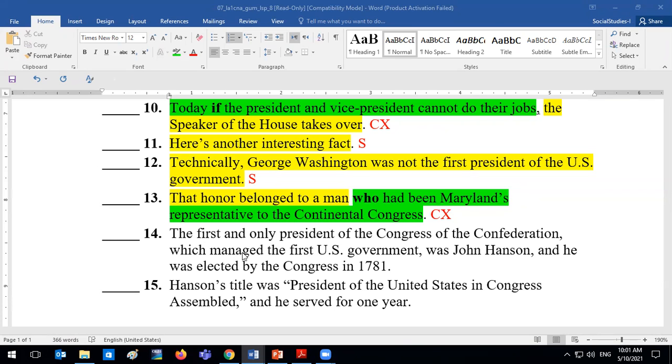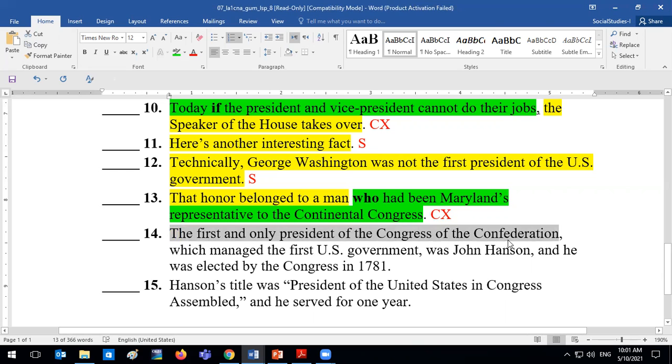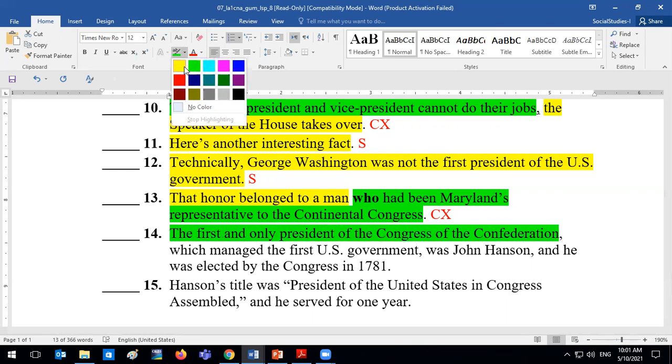It will be compound complex. Okay, so here, Ruqayya, if you're saying that it's a compound complex, you're going to identify first the independent clauses for me. The first and only president of the Congress of the Confederation. Okay, this is all the subject. The first and only president of the Confederation. Where's the verb?